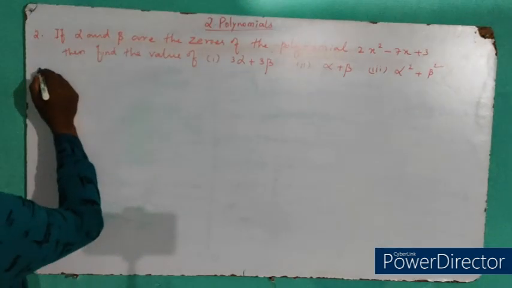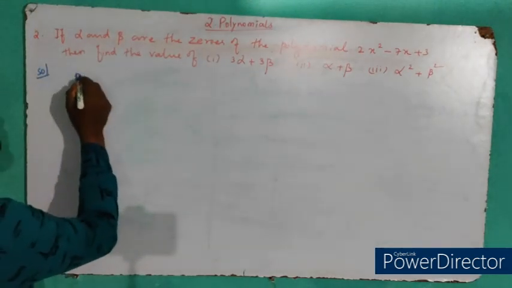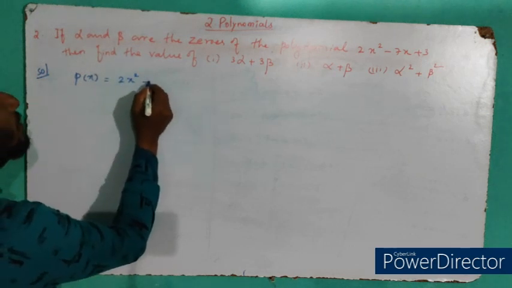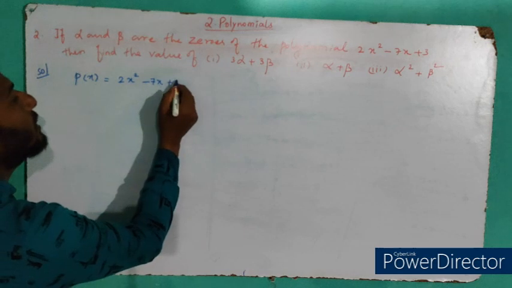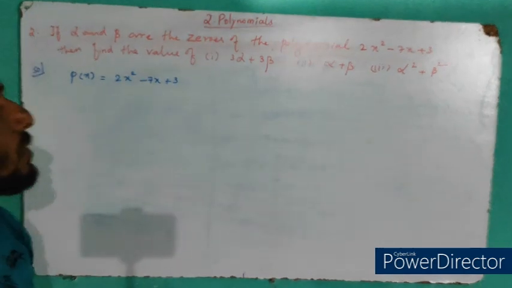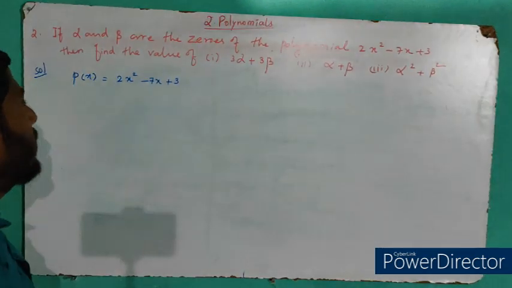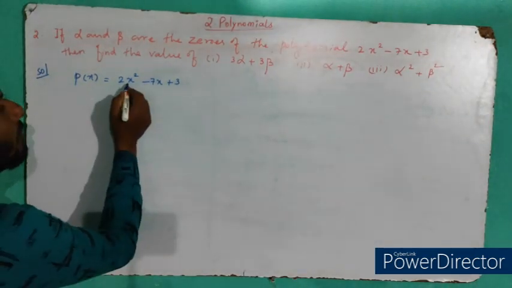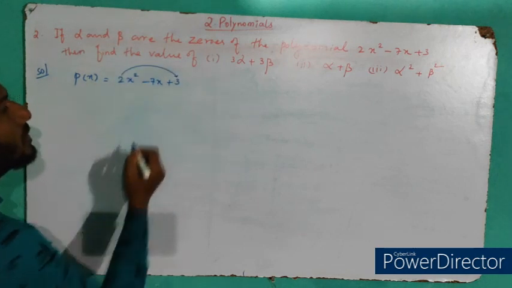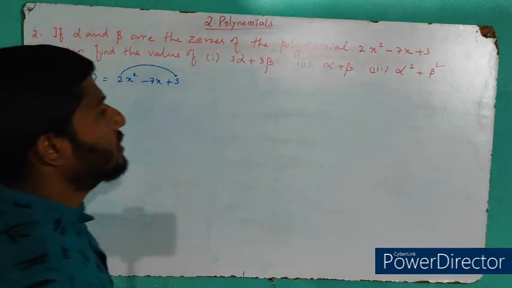Take the polynomial: p(x) = 2x² − 7x + 3. Before, we solved this question, finding the factors using splitting the middle term. Now we have the coefficient of x² more than 1, so we have to multiply it with the constant term. 2 × 3 = 6.